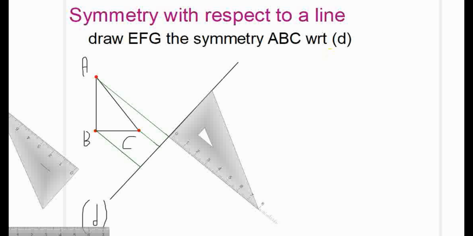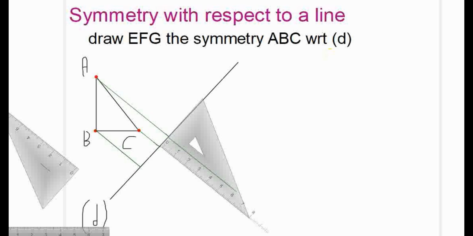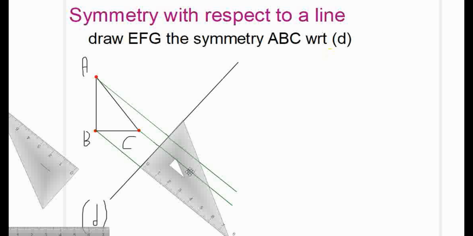This is our first step, and then we will measure the line till we have the same distance. This is our second line, and now I'm drawing them randomly, not using a specific distance. After that I will measure. Now I will draw my third and last line.